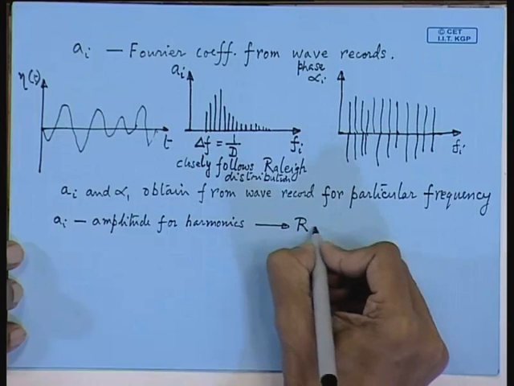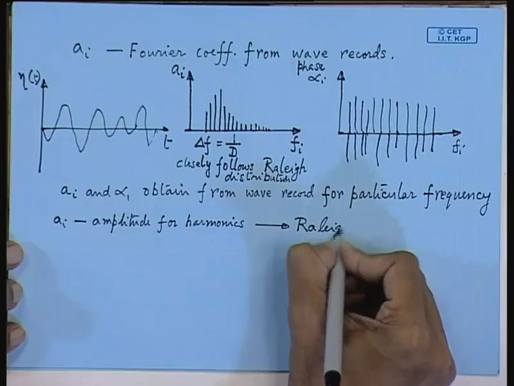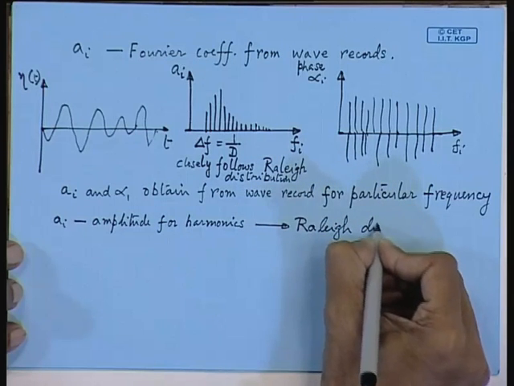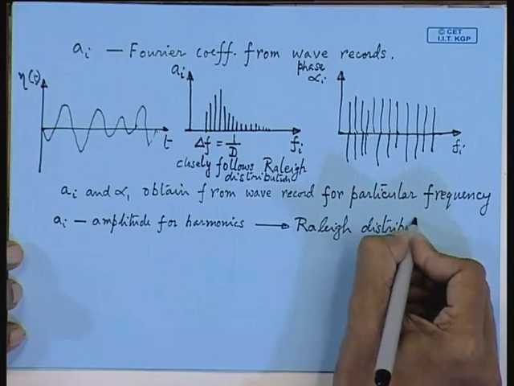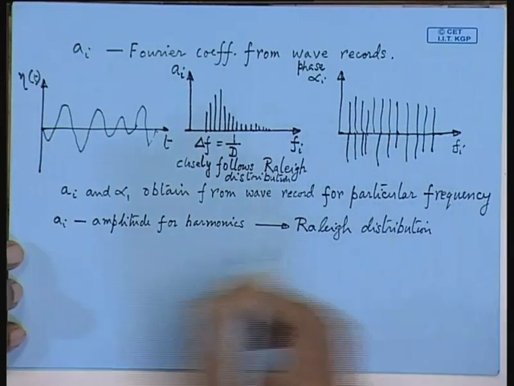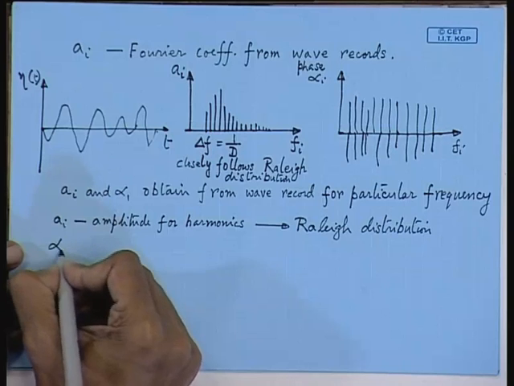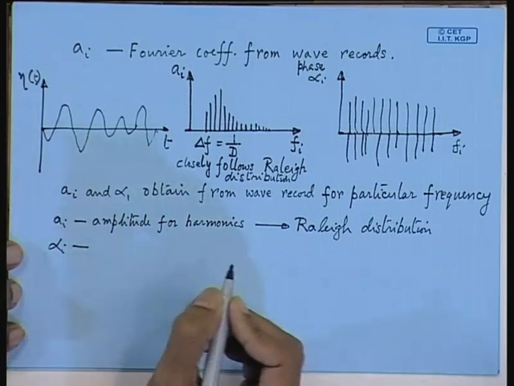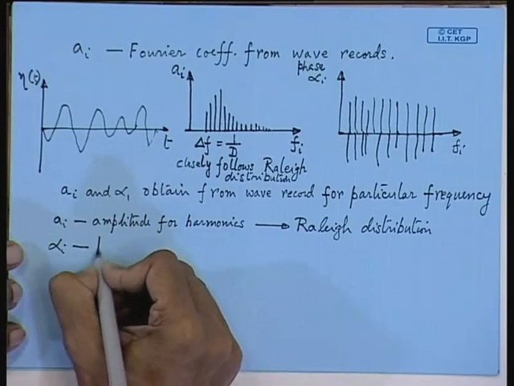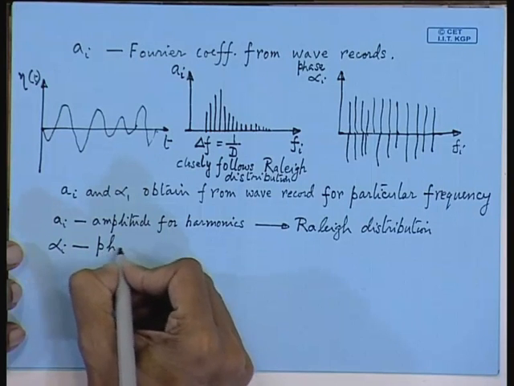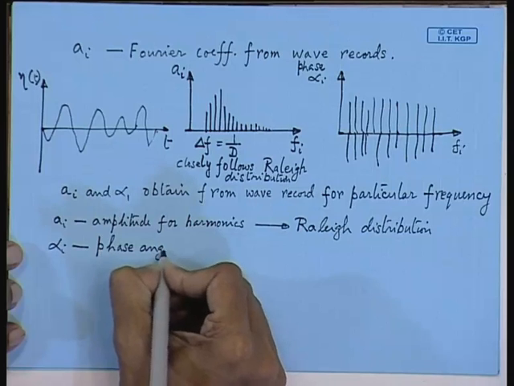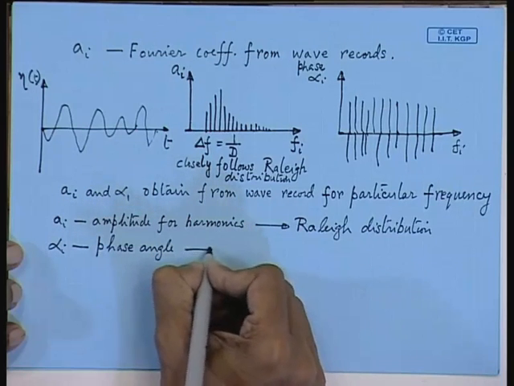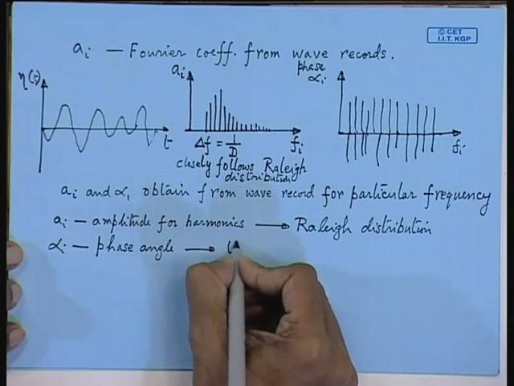So, these are all log normal distributions. But you will find, surprisingly, this angle alpha I, this is your phase angle, is rather a uniform distribution.